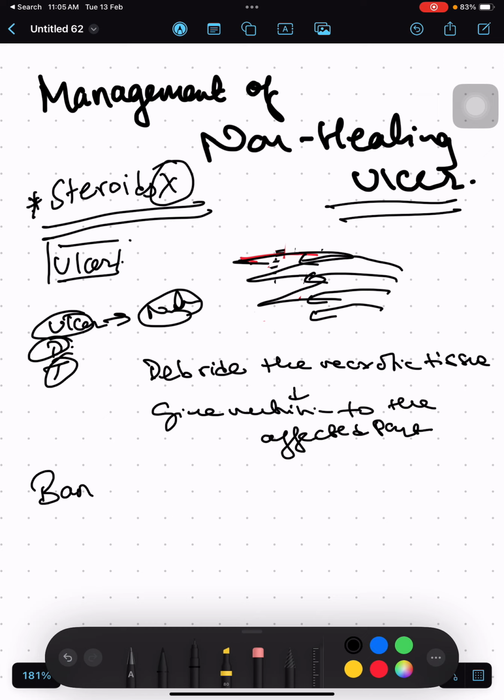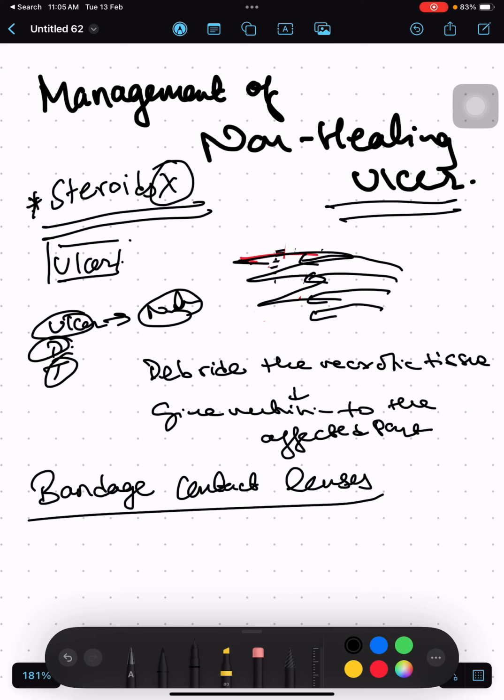Bandage contact lenses. These types of lenses consist of high water content, and they are soft or semi-solid. Do not use hard bandage contact lenses. Hard is never used.